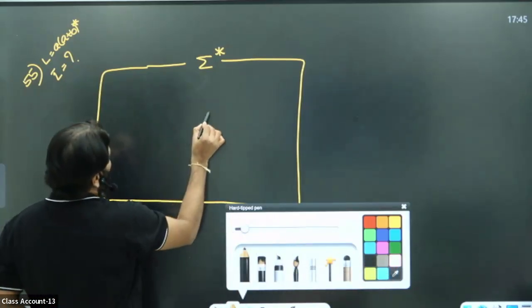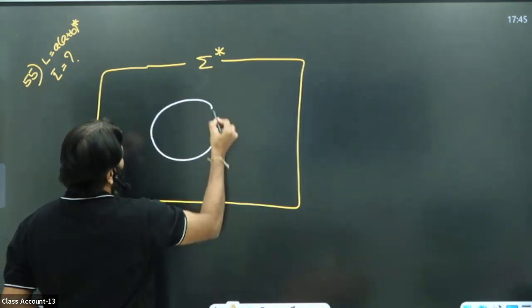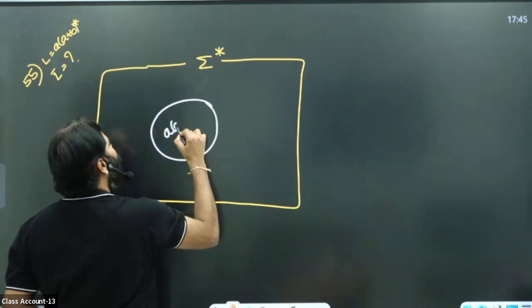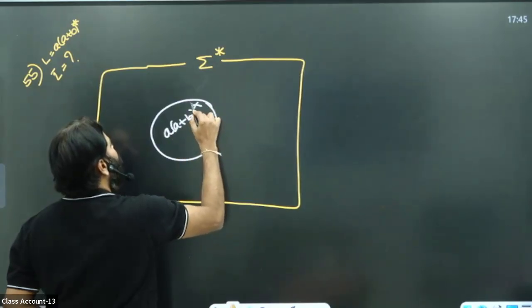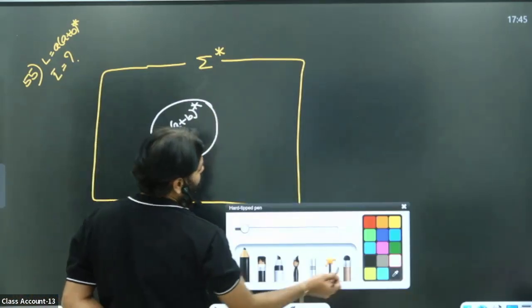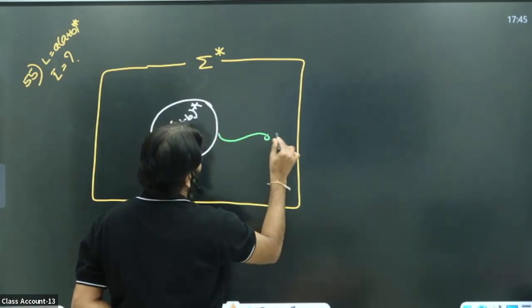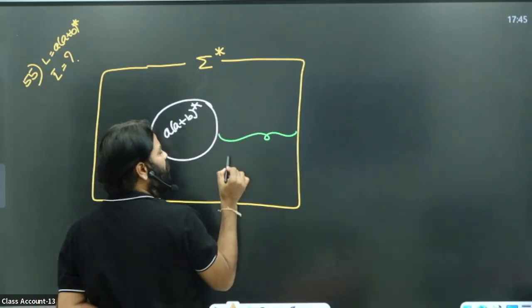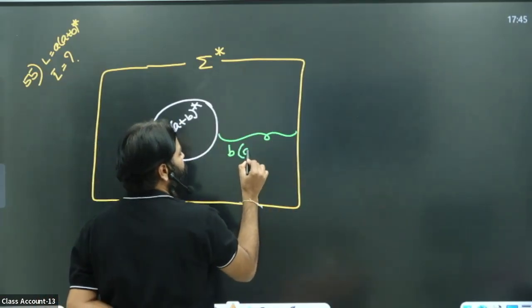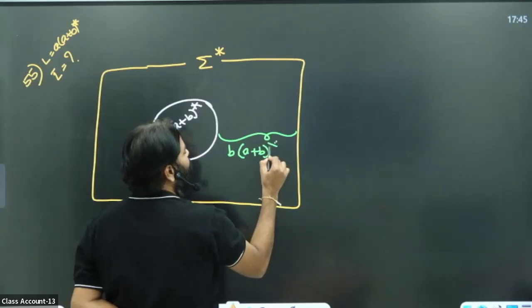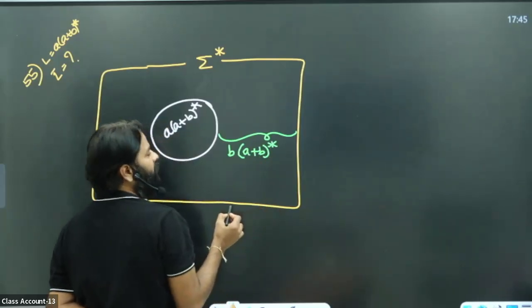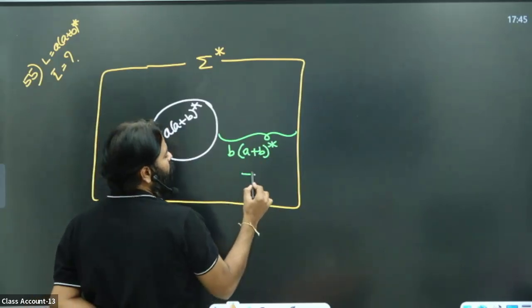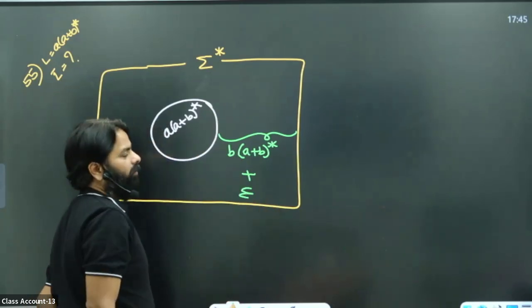This is your L, starting with A. Now what must be left outside? One string type is starting with B, correct? But there is another string left, which is epsilon. Epsilon is also here, so plus epsilon.